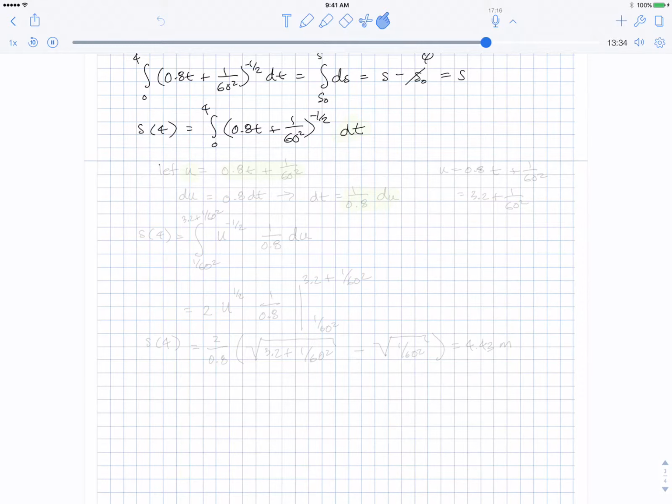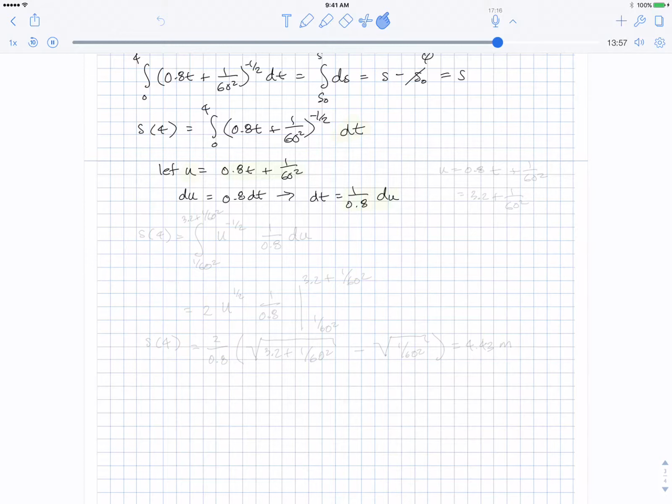So let u equal 0.8t plus 1 over 60 squared. du then is 0.8 dt, which means dt equals 1 over 0.8 du. Okay, so plug everything in there.